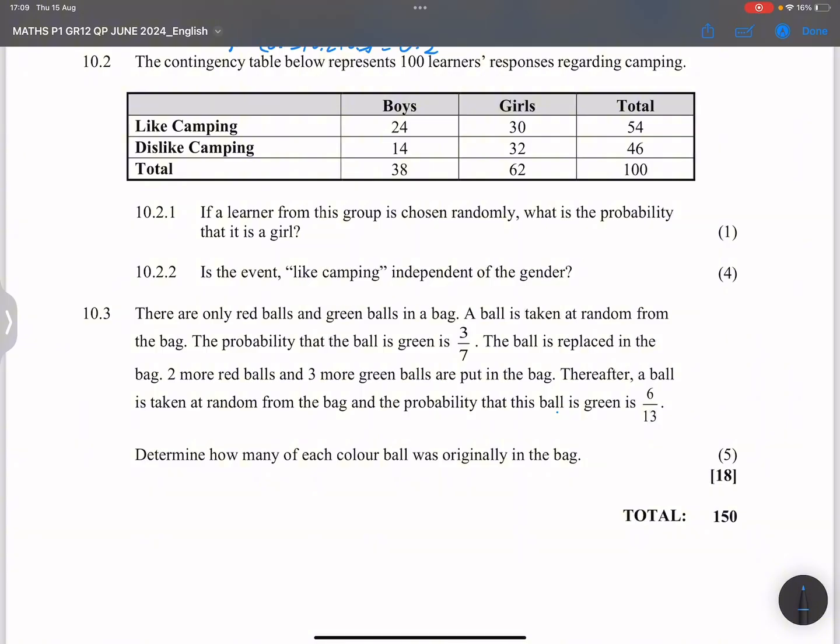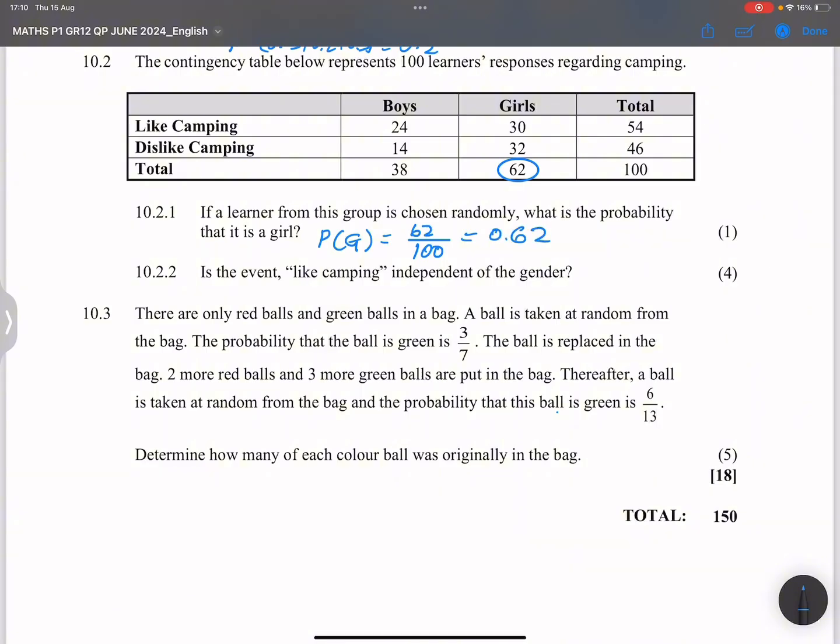So remember, we take all the girls. So this represents all the girls, that's the total of all the girls out of 100 learners. So the probability of finding a girl would be 62 girls divided by 100 learners. And that would be 0.62.